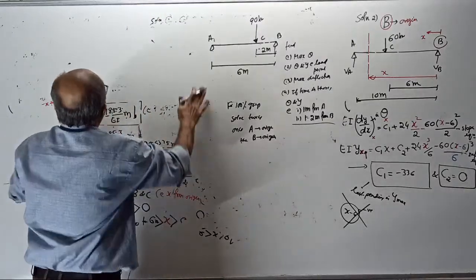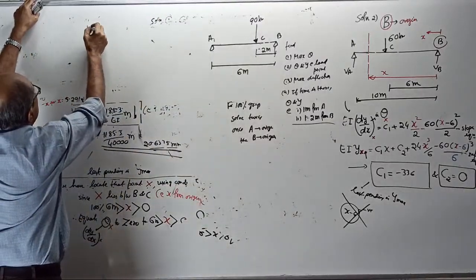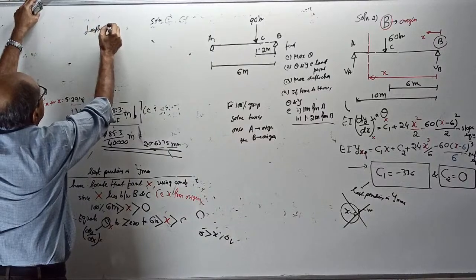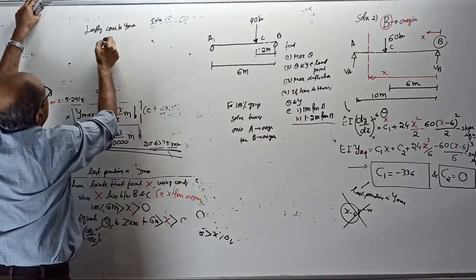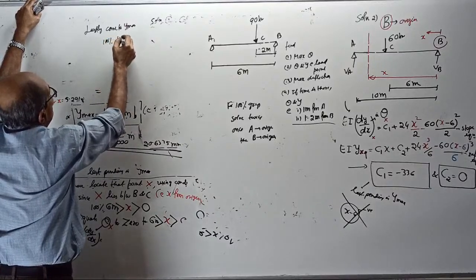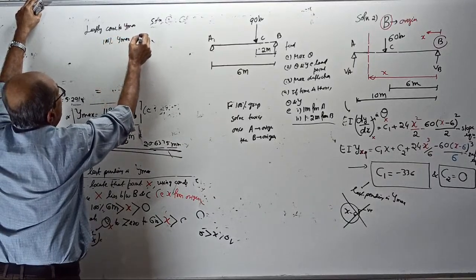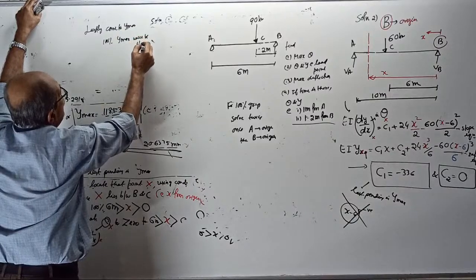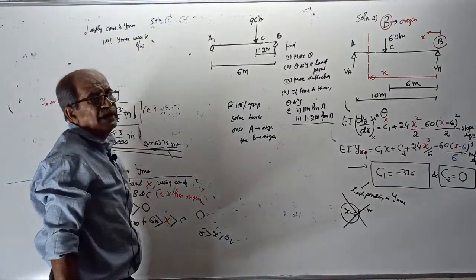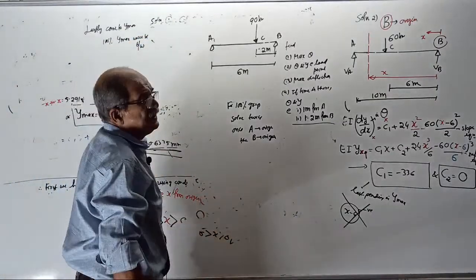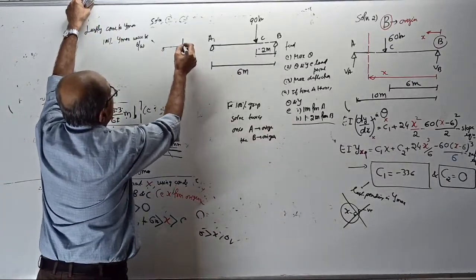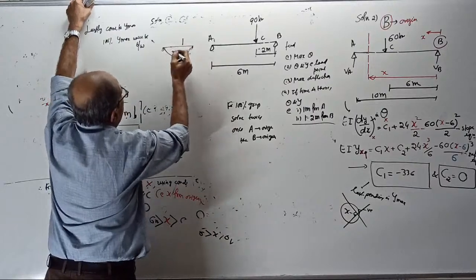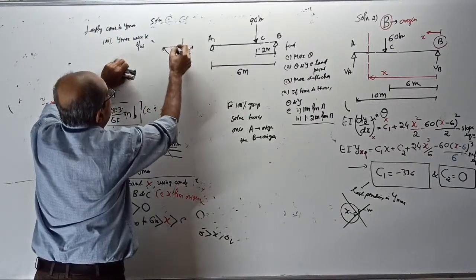Now, I will only tell you, when you lastly come to Y maximum, tell the answer, 100% Y max will be between which point? Tell me. You write a sketch here, put the beam, show the elastic curve. 100% Y max will be where?